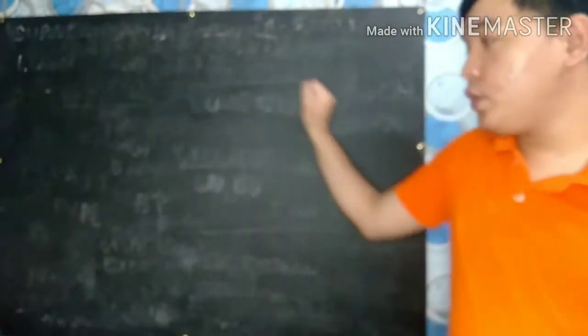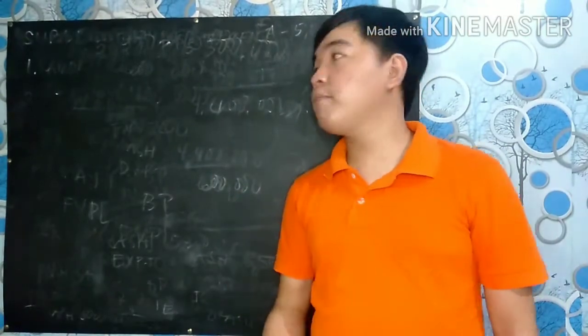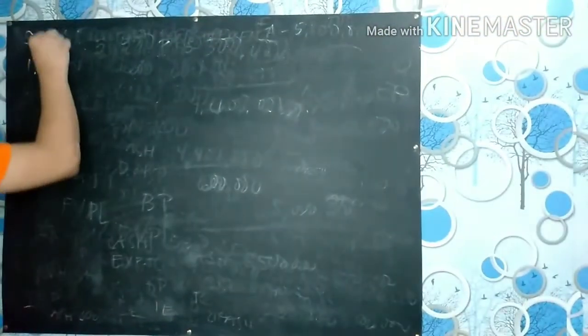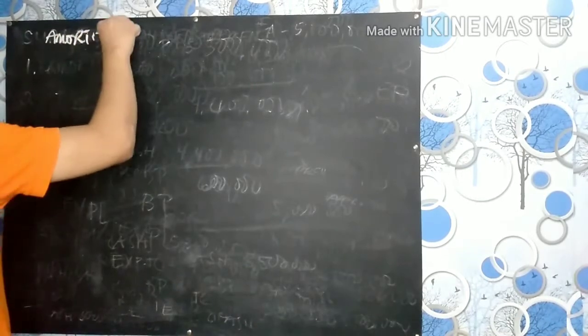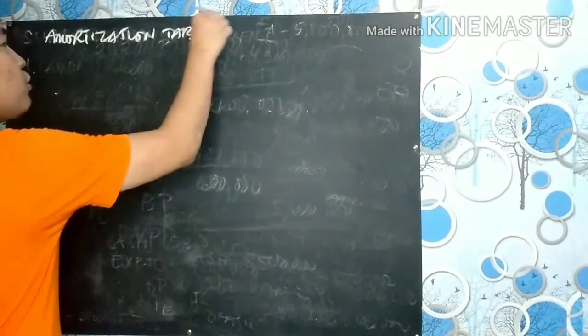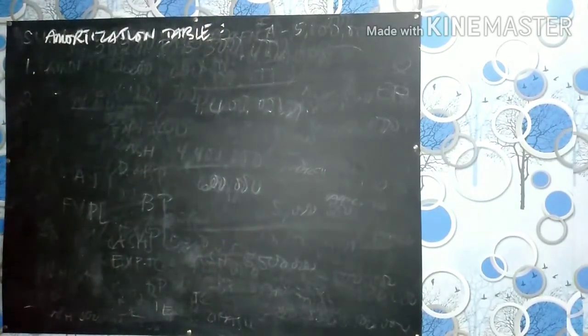Ang payo ko po sa inyo kapag may mga ganito na po kayong problem na na-encounter, tinatanong yung interest expense, tinatanong yung carrying amount, gumawa na po kayo ng amortization table. So, ano po ba yung tsura ng magiging amortization table natin? Helpful po ito, of course, kapag yung mga tinatanong is malalayo ng year.